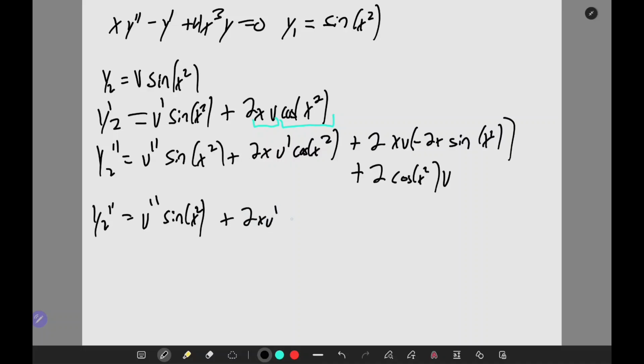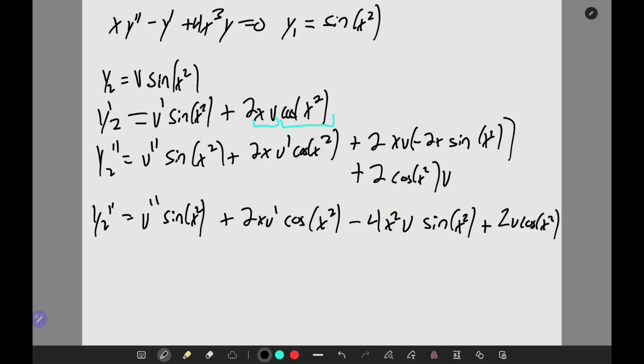Plus 2x v prime cosine x squared, that's a 2, plus 2x, minus 4x squared v sine of x squared, and then plus 2v cosine of x squared.